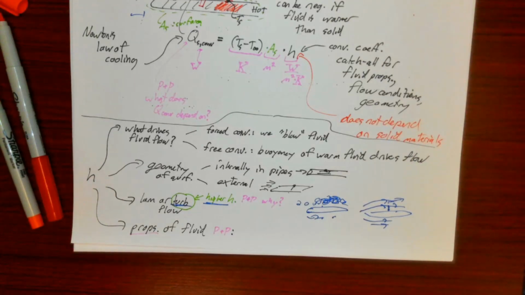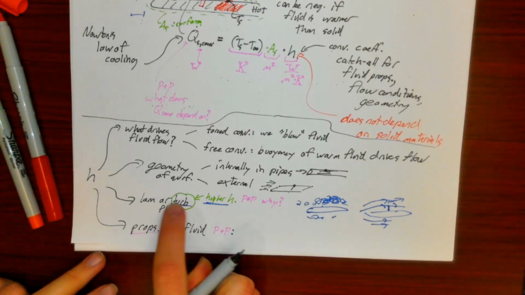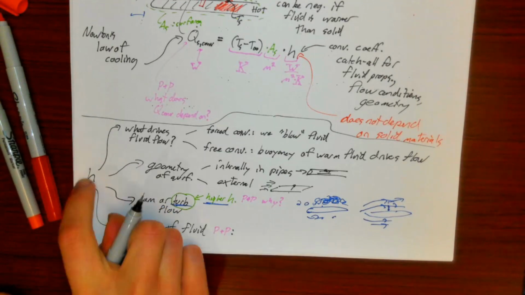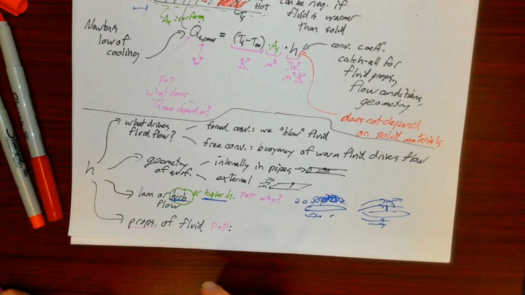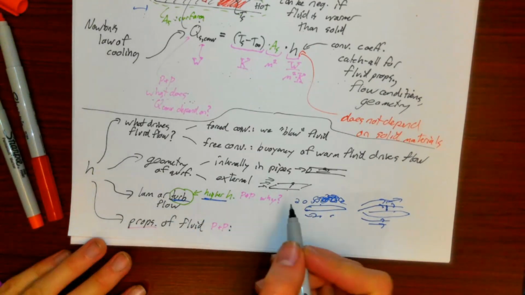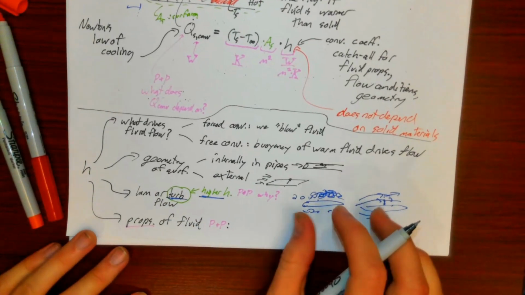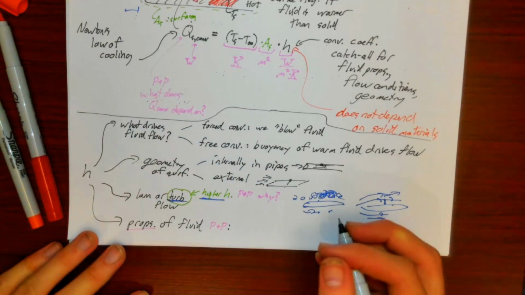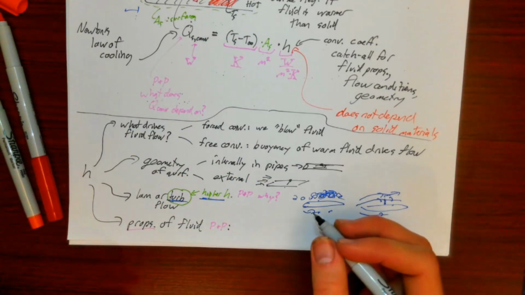Well, have you had a chance to pause and ponder? We said whether the flow is laminar or turbulent has an effect on this heat transfer coefficient, right? So the properties of the fluid that factor into whether it's laminar or turbulent would also indirectly affect H through this laminar or turbulent phenomenon, right?